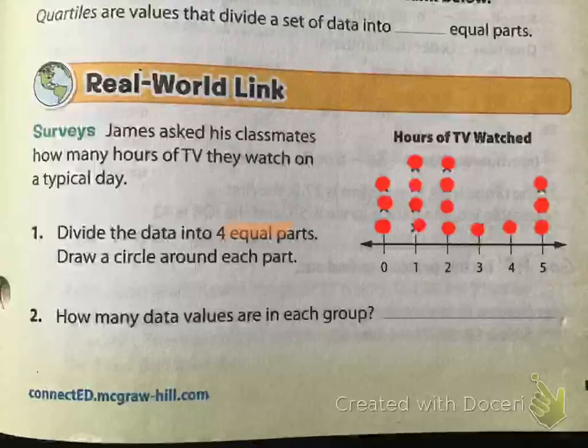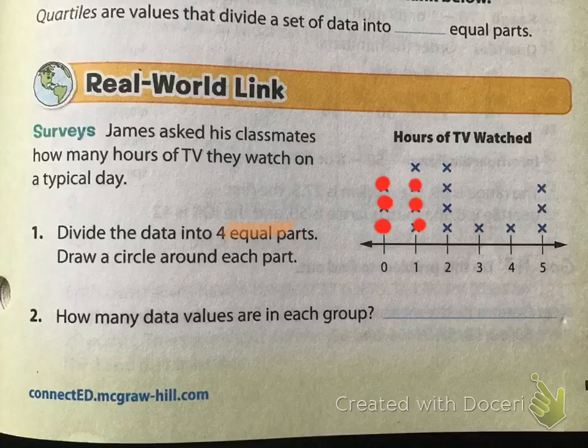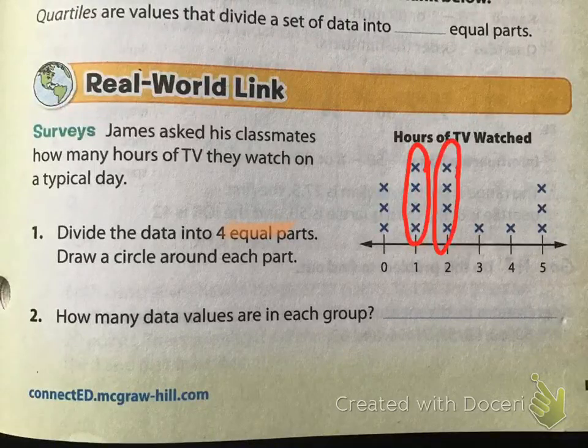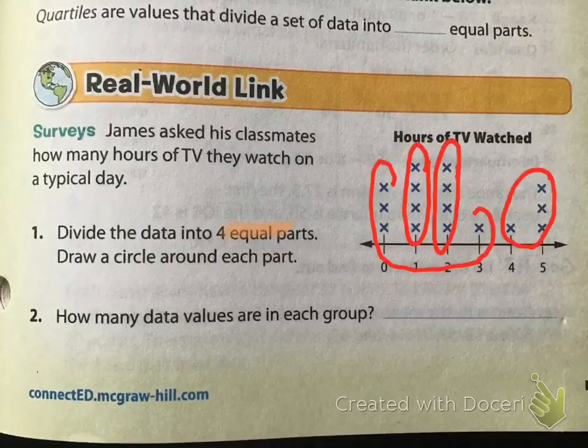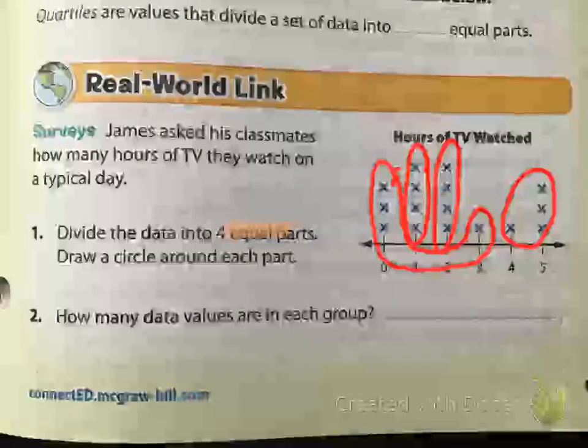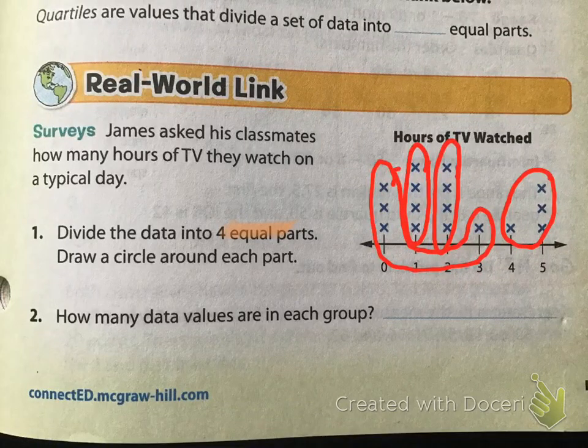Awesome. We've got 16 pieces of data here. Now there's a ton of different ways that you could group it, but I like to group it in the prettiest ways possible. So I'm going to group like this, like this, like this, and weirdly enough, like that. Although this kind of makes a creepy, cool smiley face.